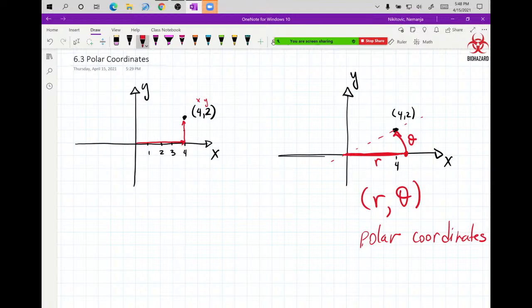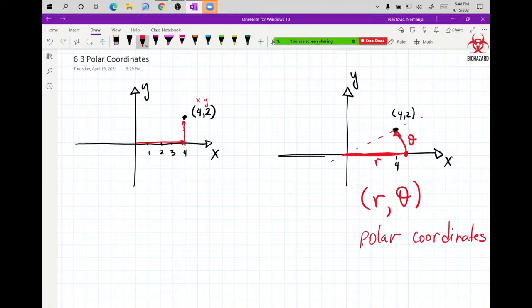Now, it looks like overkill because we're talking about the point (4, 2), but we'll see that this is actually very useful. As much as it doesn't look like it right now, we will very quickly realize that it's used to simplify a lot of really nasty stuff that you can't do very well with x and y graphs.